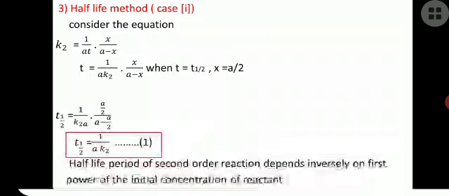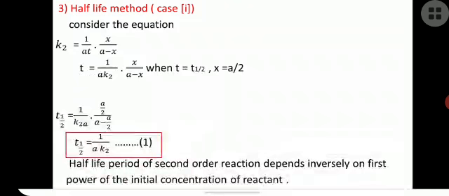Now the half-life period for the first case. Consider the equation k2 is equal to 1 upon at into x divided by a minus x. Rearranging this equation, t is equal to 1 upon k2 a into x divided by a minus x.